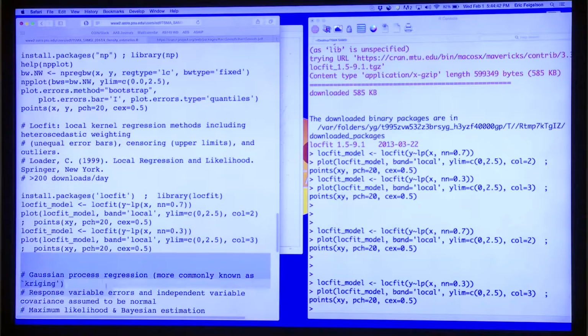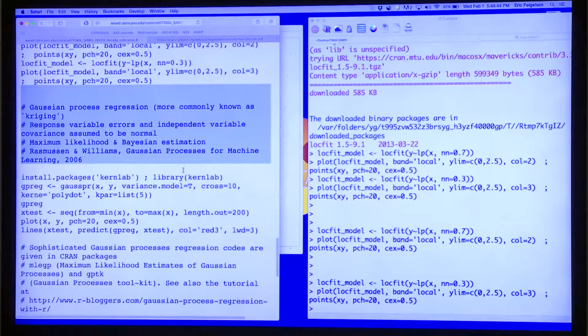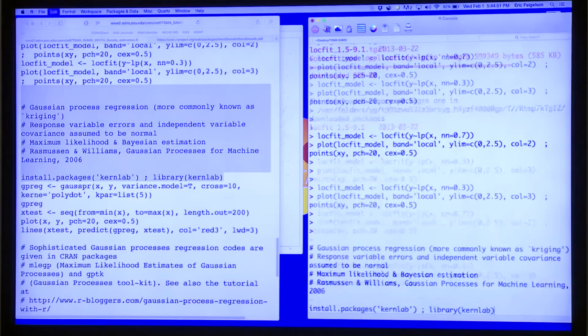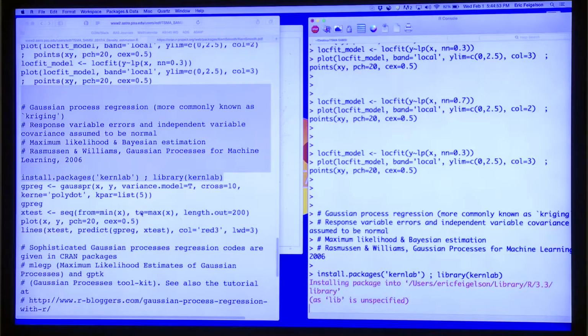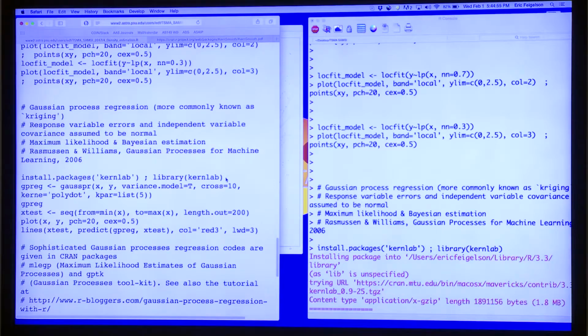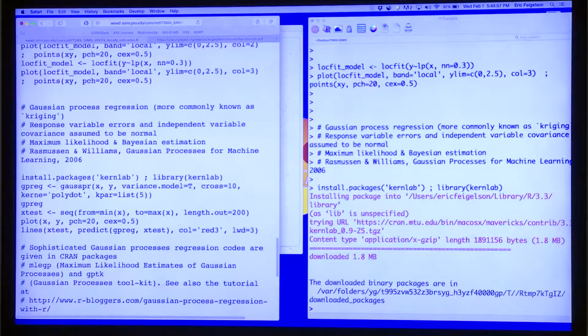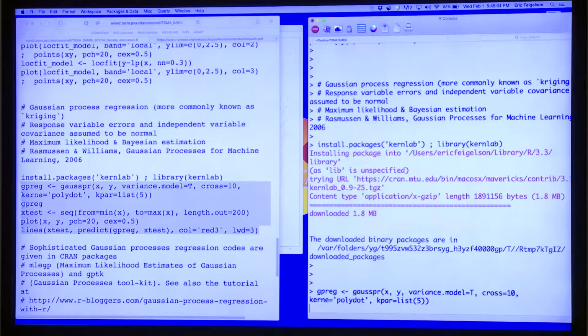Okay, so then I tried Gaussian processes regression. There's the book that astronomers are reading. I'm using the version in kernlab, I guess. I don't know what kernel means. It's one out of, there are so many packages in R for smoothing. It's ridiculous. And I was very irritated at this code.